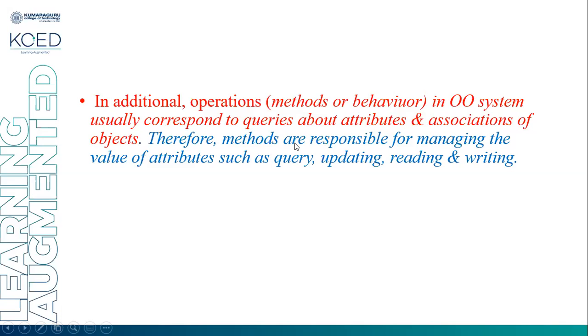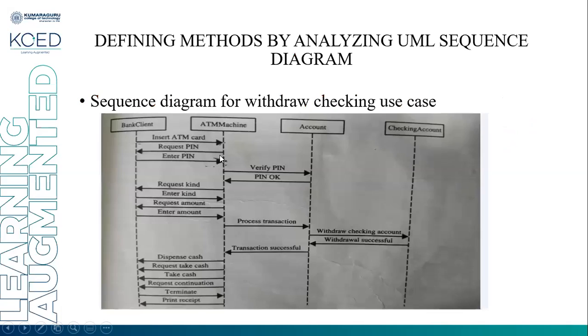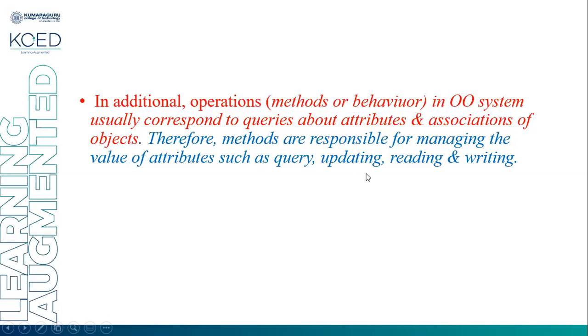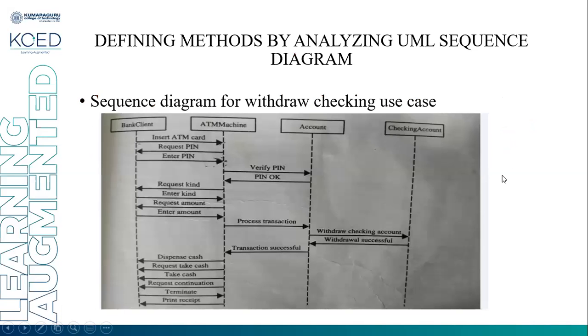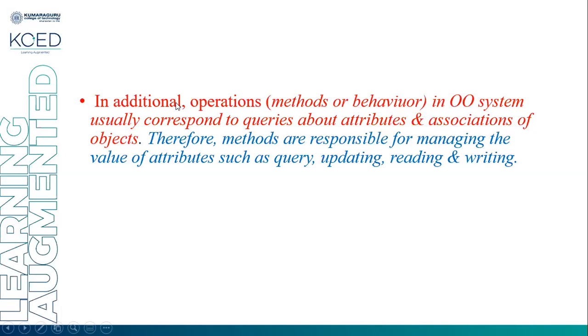Therefore, the methods are responsible for managing the values of attributes, such as querying, updating, reading, and writing. So if an object is responsible for maintaining information, it should contain methods for querying it, updating it, reading, and writing.